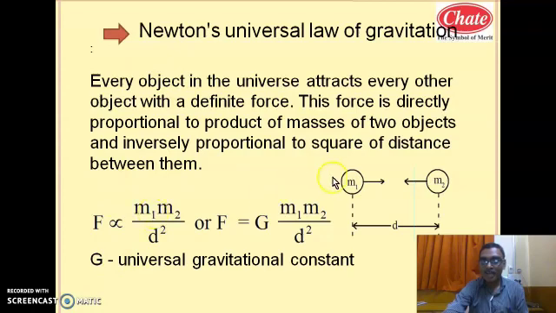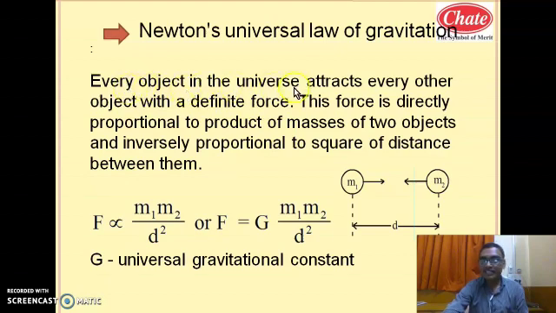So m1 is the mass of the first object, m2 is the mass of the second object. According to Newton's universal law of gravitation, these two masses attract each other. It means m2 attracts m1 and m1 attracts m2, which are separated by a distance d. We will once again read the statement.